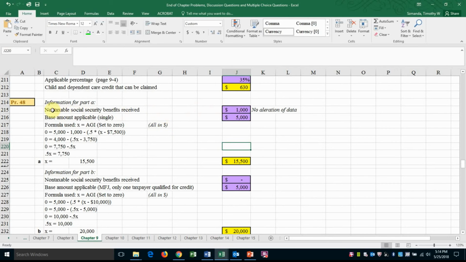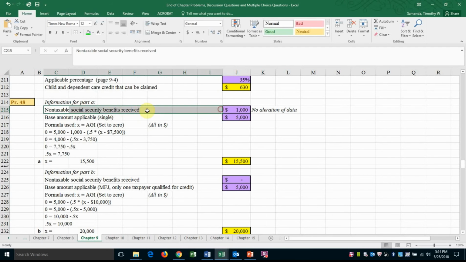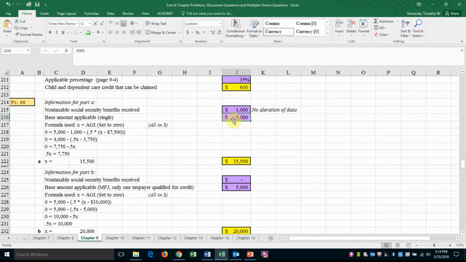Now, first of all, we have to consider the non-taxable. If this were taxable Social Security income, we would not include it because they're already being taxed on it. But this is the non-taxable, and if you look in the text based on a single person for this credit for elderly or disabled, their baseline is $5,000. Their applicable limit is $5,000.